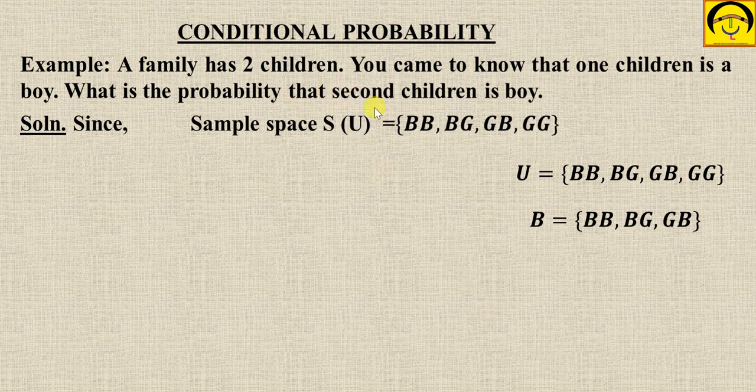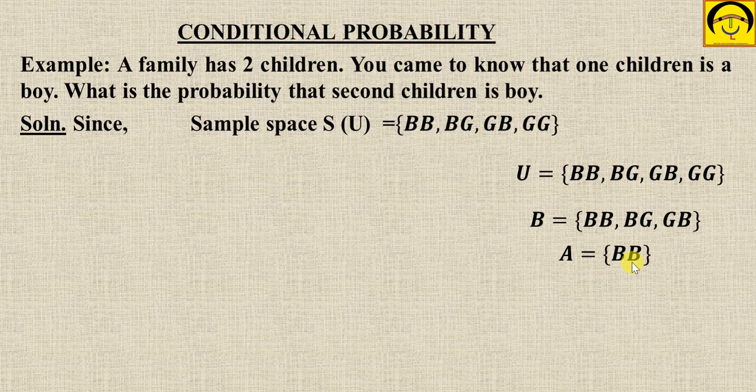Suppose this event is A. So it should be BB. Why not the others? Because you already know one child is a boy and you are asking for the probability of the second child also being a boy.